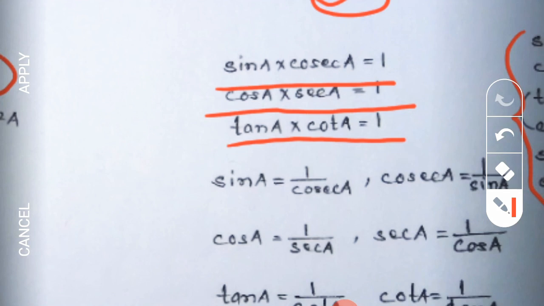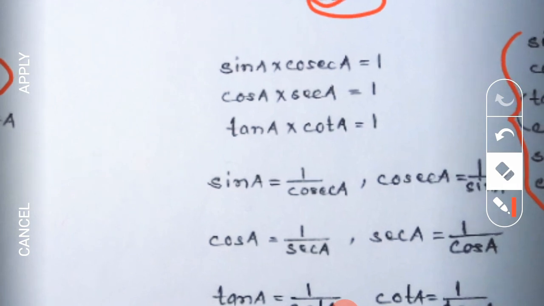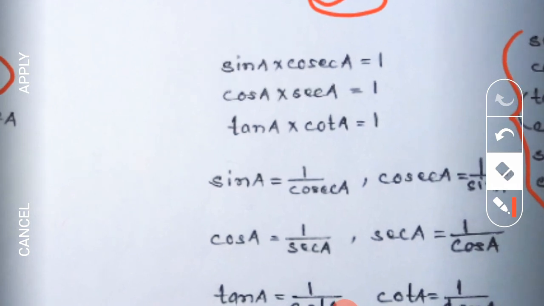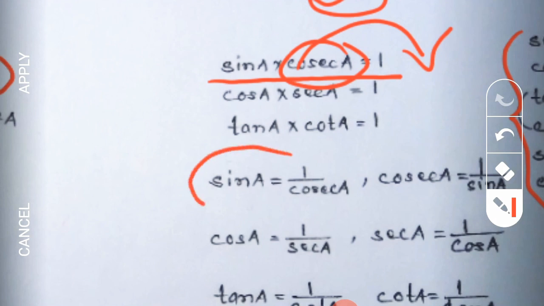Now see, on transferring any one trigonometric ratio to the other side, suppose from this equation we are transferring this cosec a to that side. So see, sin a value will become how much? 1 by cosec a.